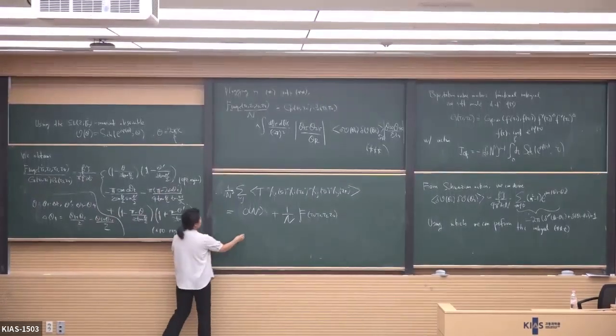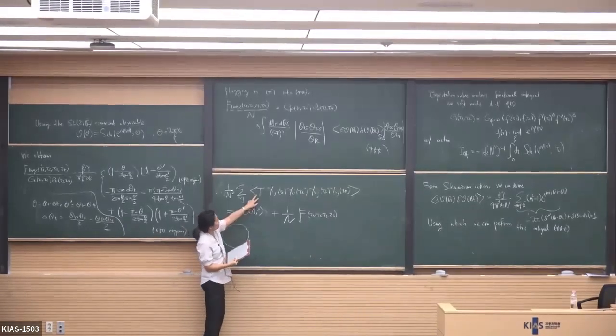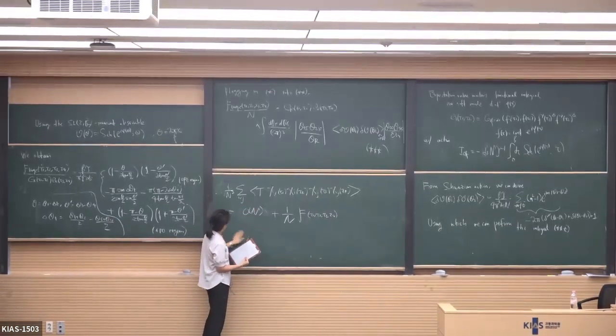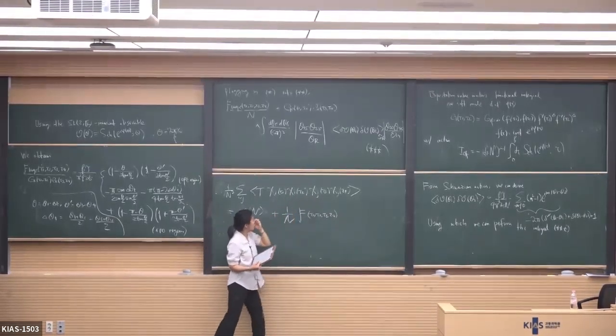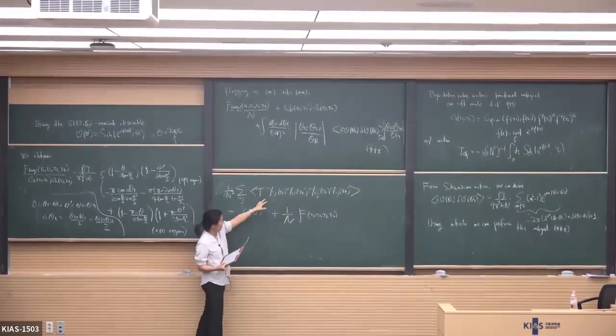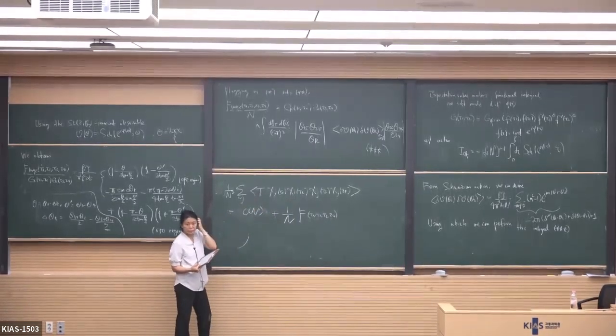corresponds to, if you remember, the ordering of the times. Because of the Euclidean time ordering, depending on the ordering of the times, you'll have a different ordering of the operators inside the correlator.